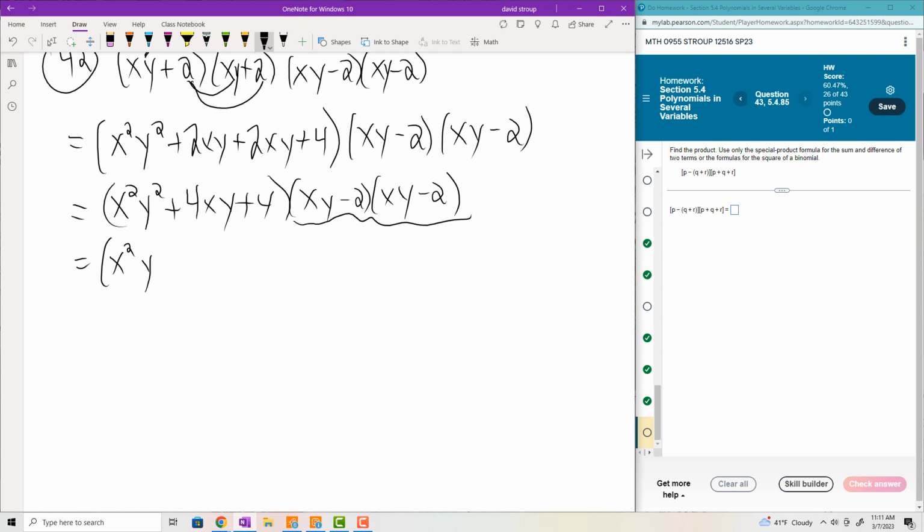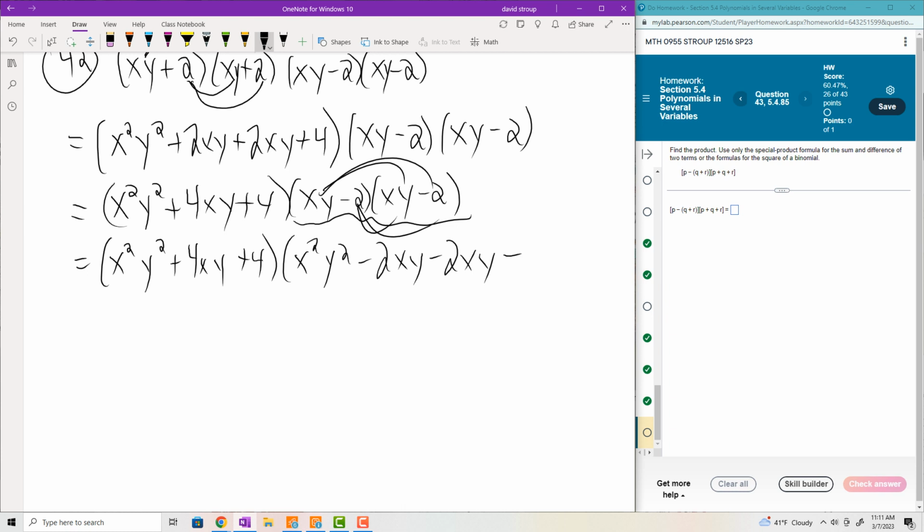So we'll have x squared y squared plus 4xy plus 4. And then multiplying those guys, the first, you get x squared y squared, the outer, minus 2xy, the inner, minus 2xy, and then the last, plus 4. And then simplify that.